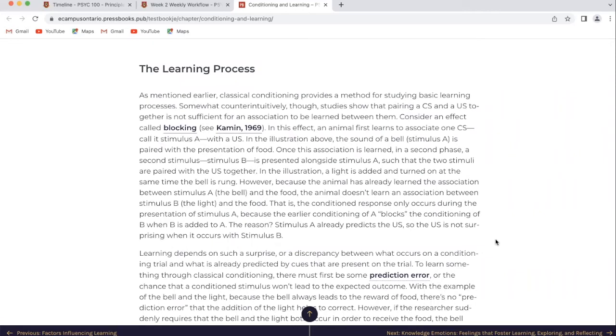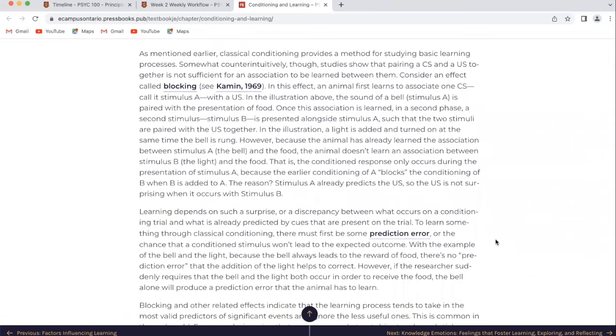Somewhat counterintuitively, though, studies show that pairing a conditioned stimulus and an unconditioned stimulus together is not sufficient for an association to be learned between them. Consider an effect called blocking. In this effect, an animal first learns to associate one conditioned stimulus, call it stimulus A, with an unconditioned stimulus.